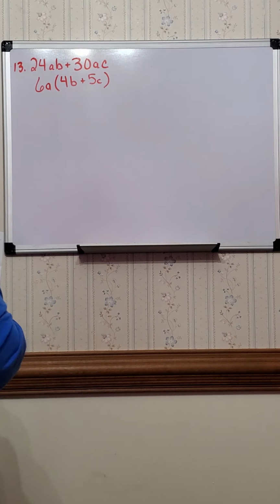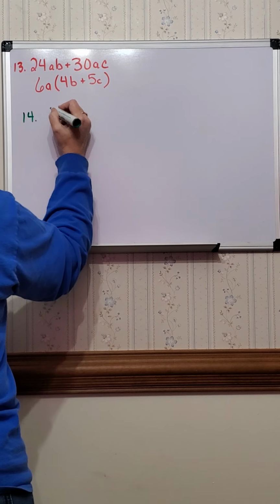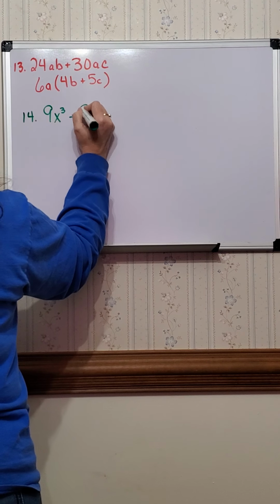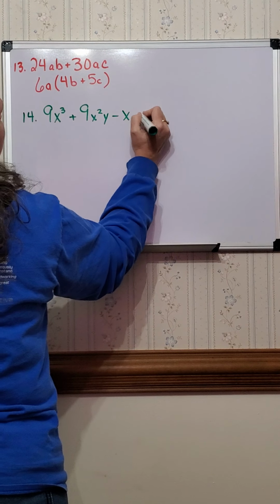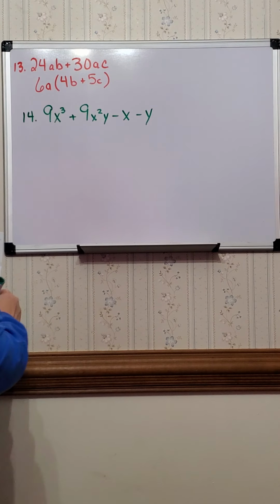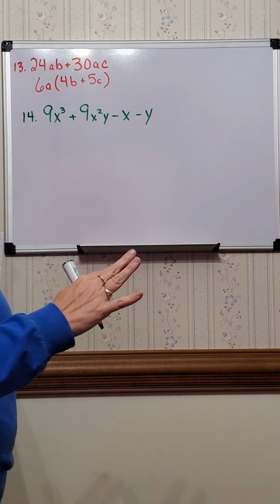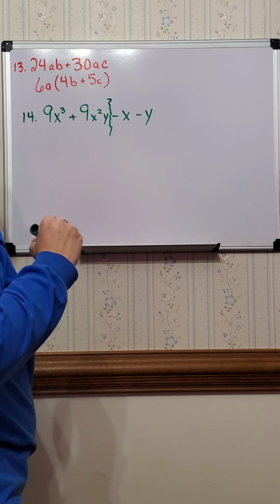So let's look at another one. Let's look at number 14. So 14, I have 9x cubed plus 9x squared y minus x minus y. First thing I should notice here is that I have 4 terms. When I have 4 terms, I'm going to group it.